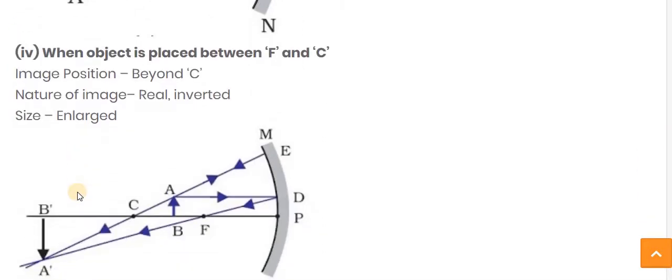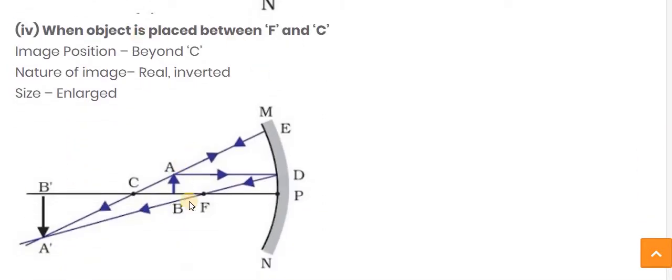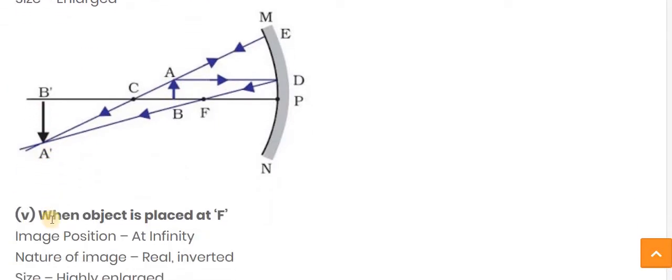Then the fourth condition: if we keep our object between F and C, then we get the image beyond C, which is real and inverted, and compared to the object it is enlarged.